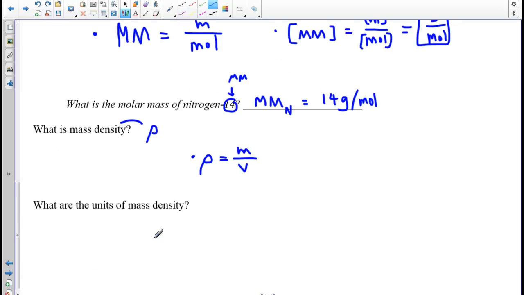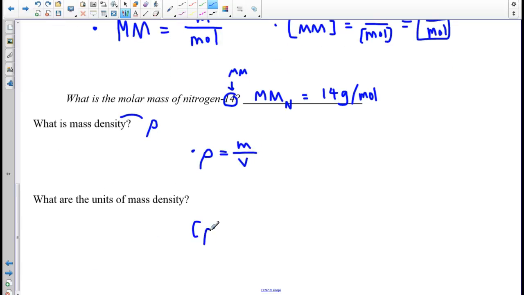So what are the units of mass density? Well, let's look at the equation. The numerator is mass. The units of mass are grams usually. Volume can be measured in milliliters, but we can also measure the volume in liters, so maybe it's going to be grams per liter.